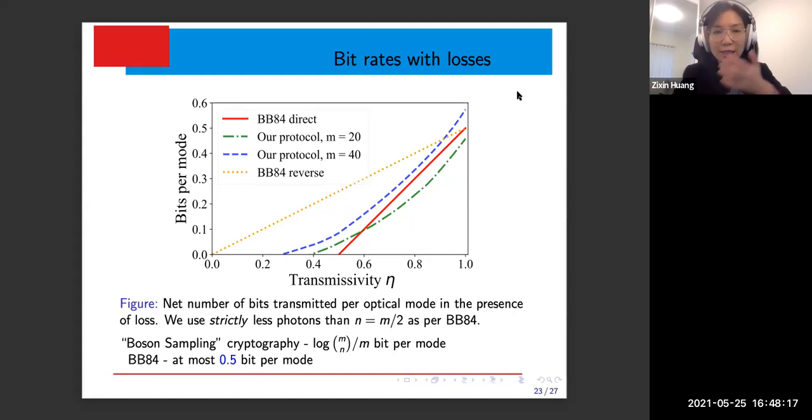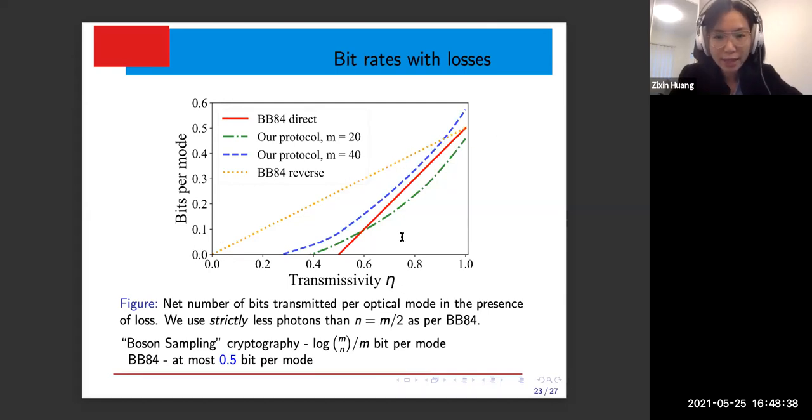Now the workhorse of quantum key distribution is reverse reconciliation. I don't know too much about that, so I won't talk about it, but I've left that as a comparison in orange there.